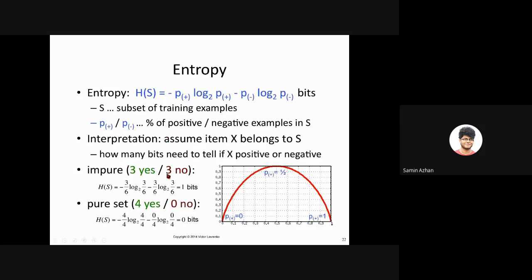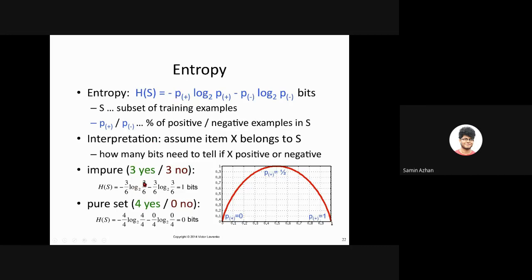There are 3 yeses and 3 nos, 6 rows of data in total. So the probability of yes would be 3 by 6, right? 3 yeses out of 6.